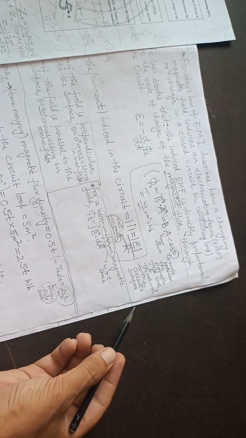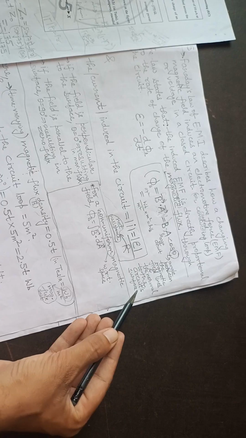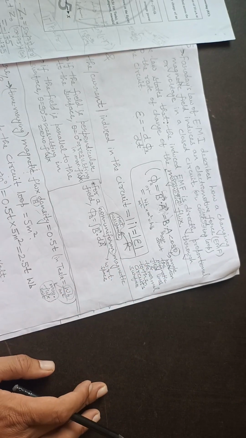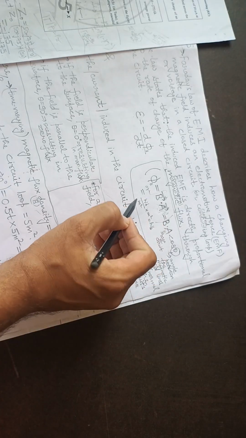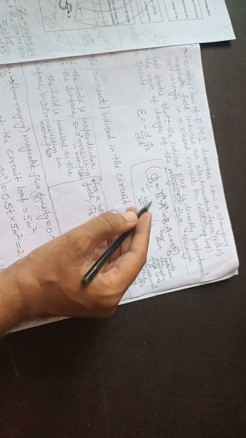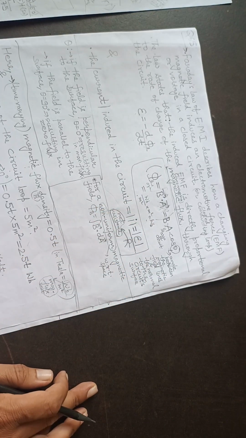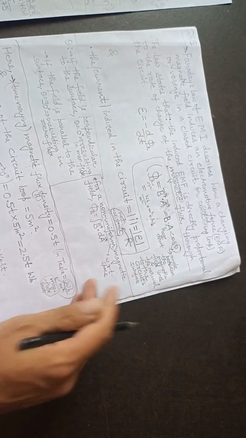B is the magnetic flux density, and A is the area. Phi B is the magnetic flux. The unit of magnetic flux is Weber, and the unit of magnetic flux density is Weber per meter square, or Tesla.